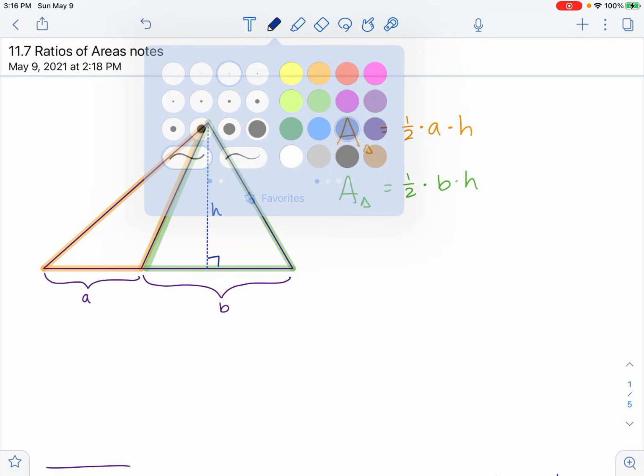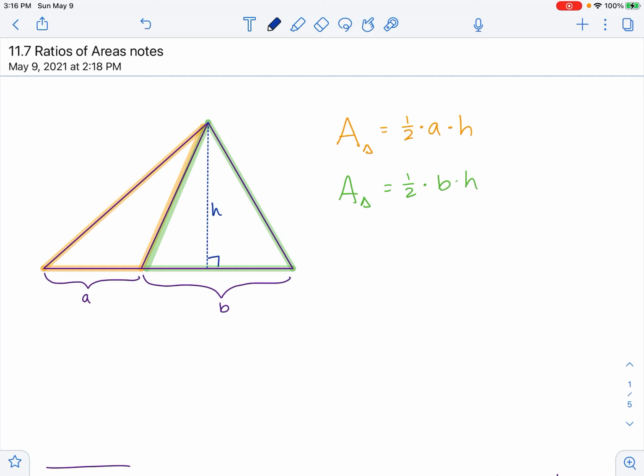If I want to compare these in a ratio, I am going to just divide my two area formulas here. The 1/2s cancel out, the H's cancel out. What is the ratio of the area?